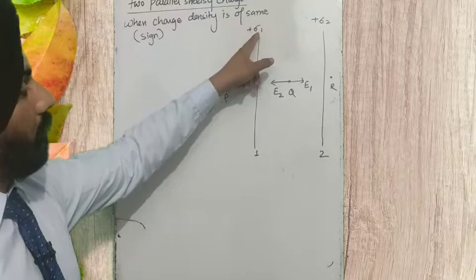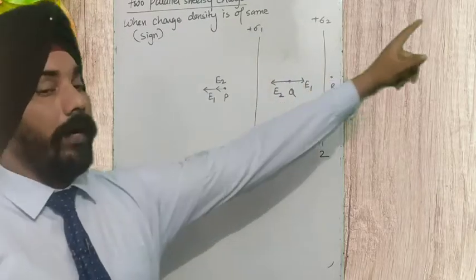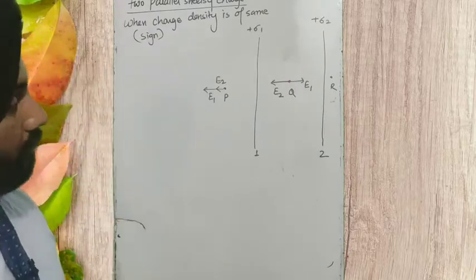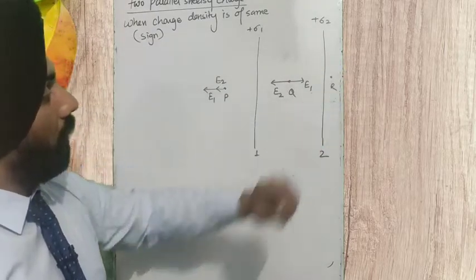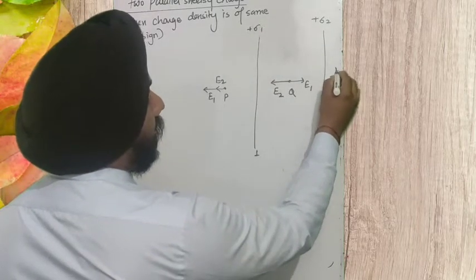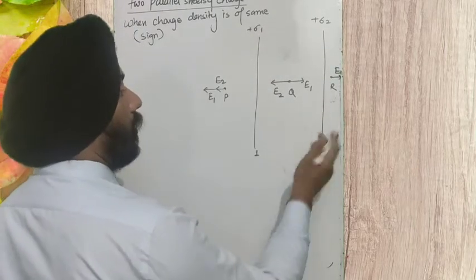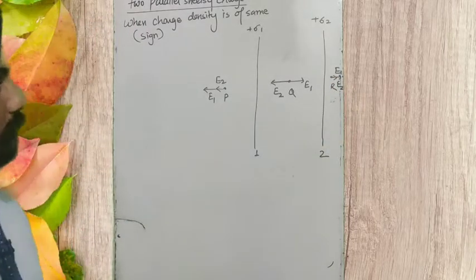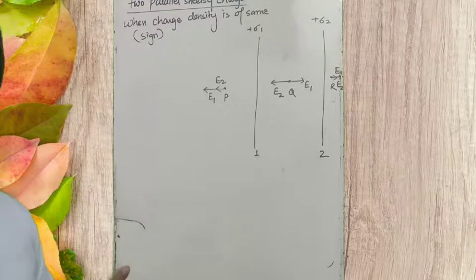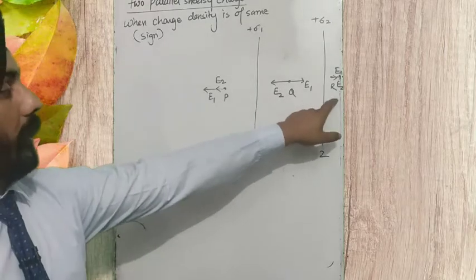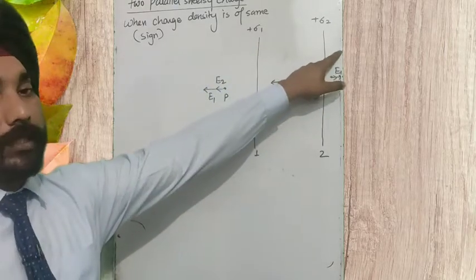So for sheet 1 at point Q, it is going away, and for sheet 2 it is going away to this side. And for R, for sheet 1 it is going away, and for sheet 2 also it is going away. Now we have the final direction of electric field intensity at point P, point Q and point R due to these two sheets.